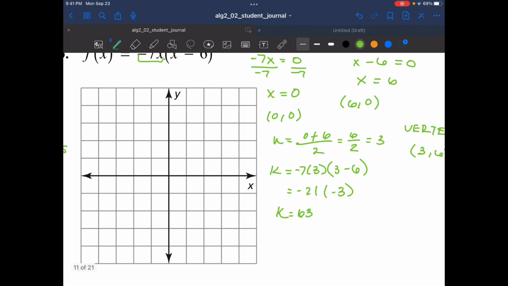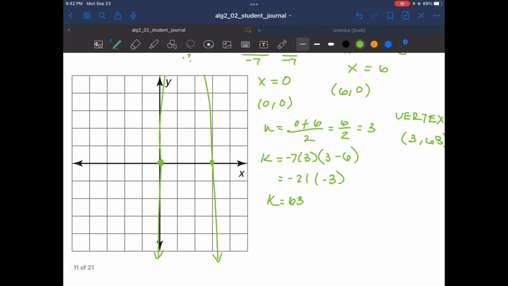So what we're going to do is graph the x-intercepts first. So we have 0, 0. We have 1, 2, 3, 4, 5, 6. I'm going to go by 2, so 2, 4, 6. And I'm going to be very conservative with how narrow this is, because my vertex is somewhere up here. So 2, 3.